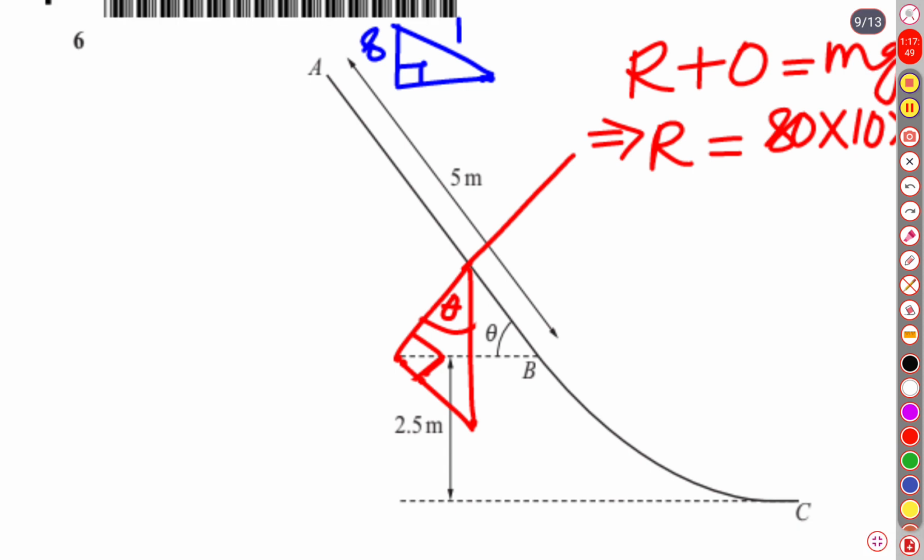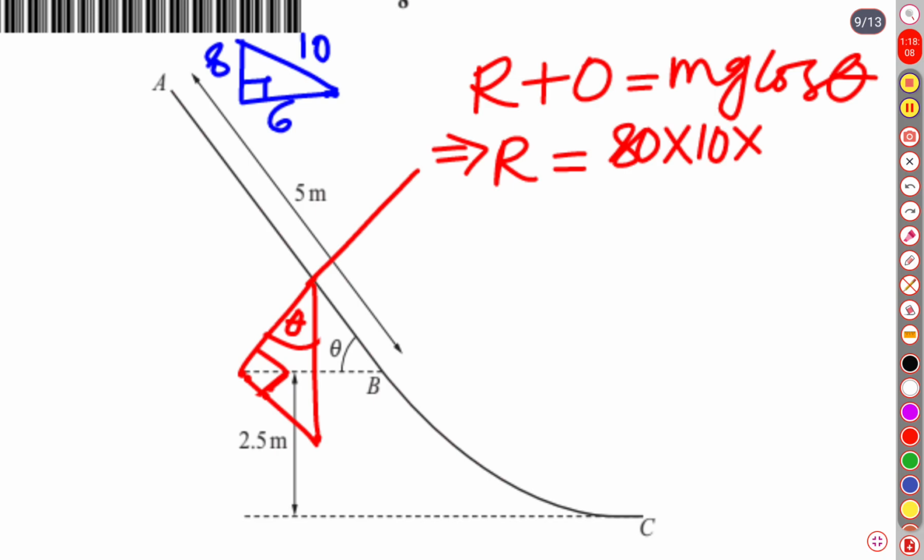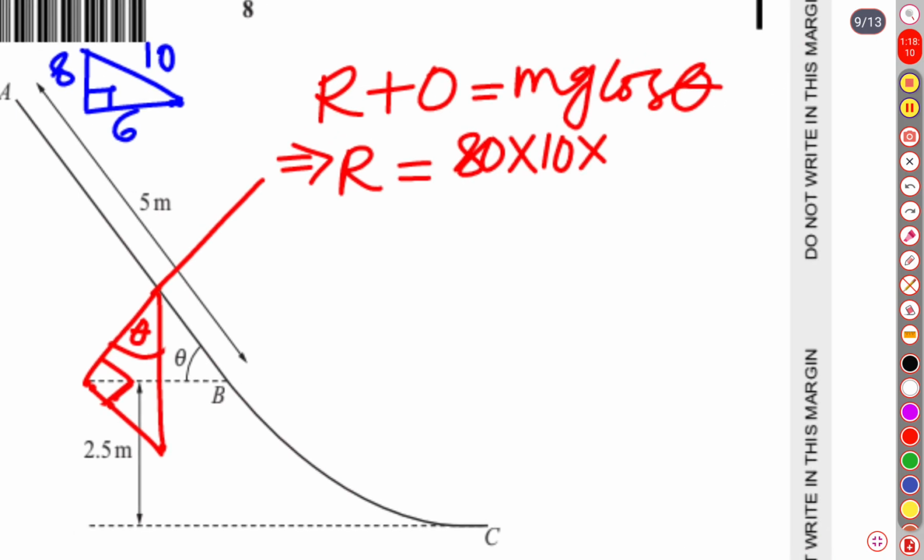So if 10 is our hypotenuse, then our horizontal, I mean adjacent, is going to be 6, because 8 square plus 6 square is equal to 10 square, applying the Pythagorean theorem. So our cos theta is 6 over 10, meaning 0.6. Hence our normal reaction is how much?